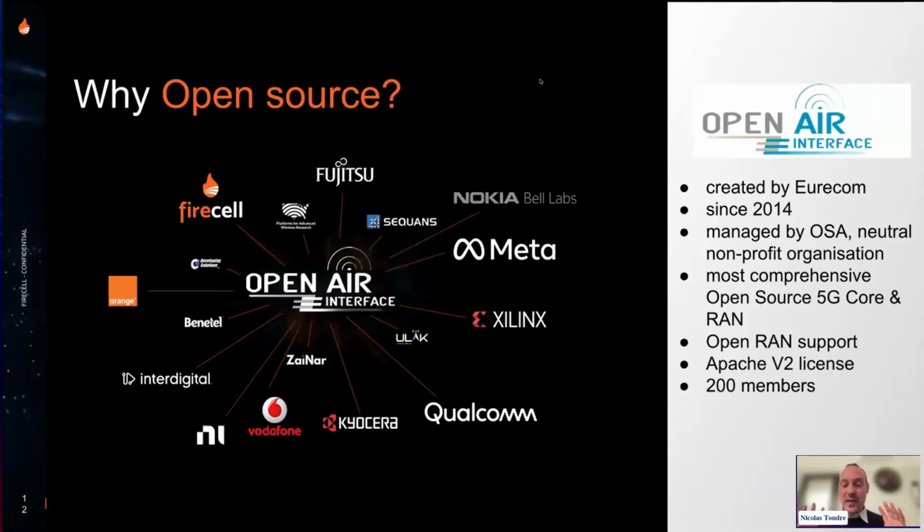That means with the Open Air Interface, you get a full solution to be able to implement 5G, and it supports Open RAN. Nice thing about it is that it's open source using the Apache v2 license, which means you're free to use it, to contribute, and whatever you do with it, you can integrate it in your own product, whether you sell them or not. So it's a very free and open license.